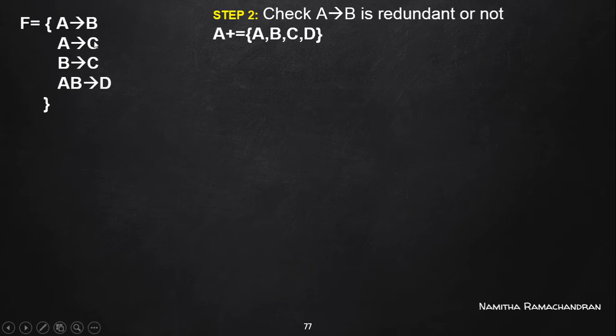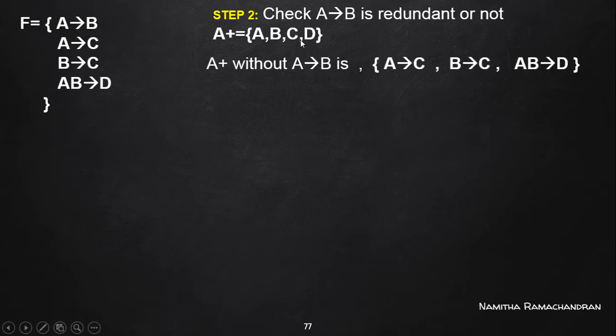For that, find the A closure using this set of dependencies. Then once more we need to find the A closure, but here we need to avoid A implies B from the set. So without A implies B, F becomes A implies C, B implies C, AB implies D.